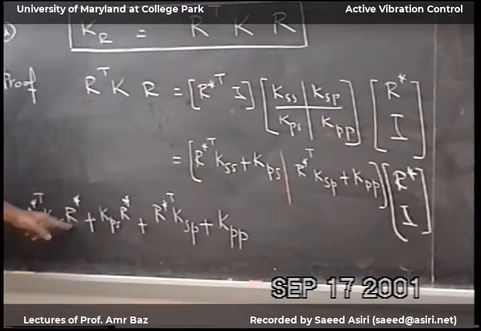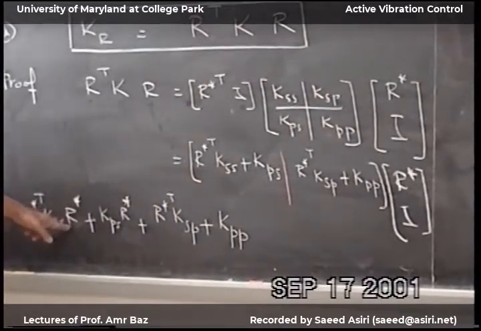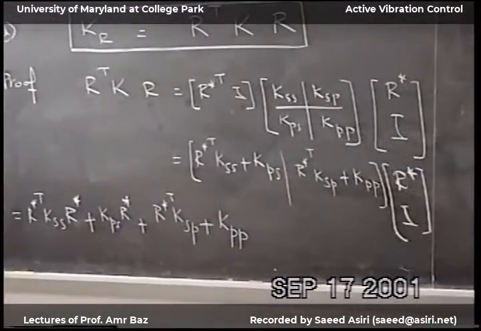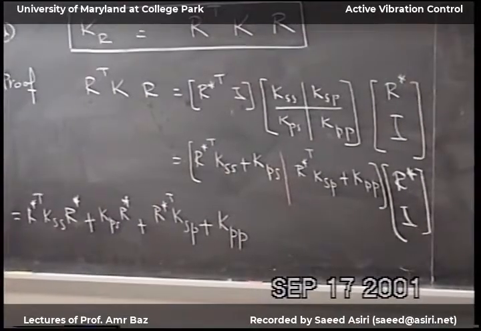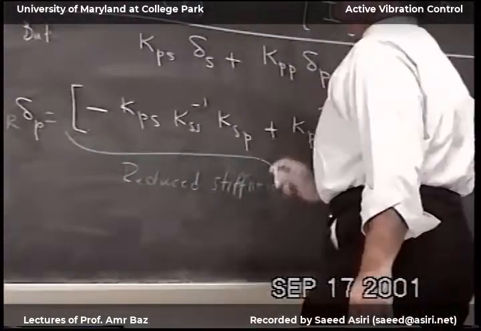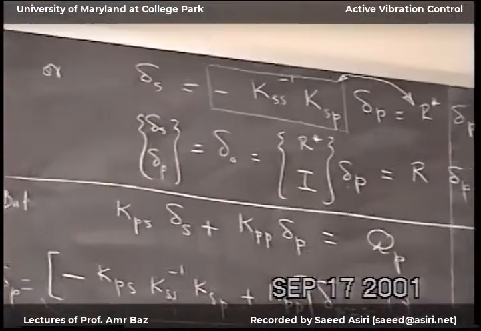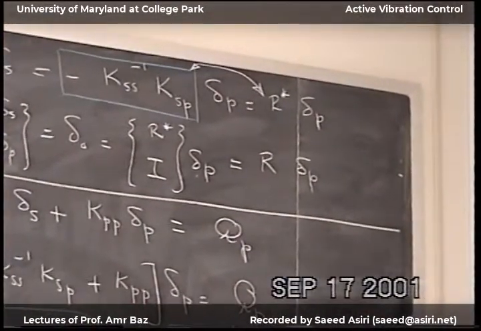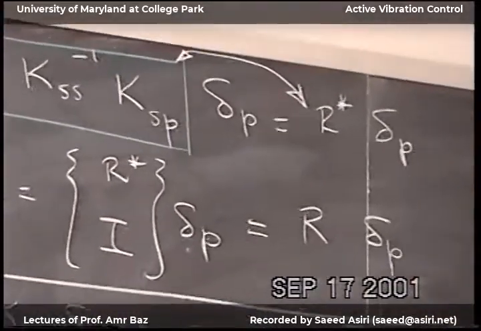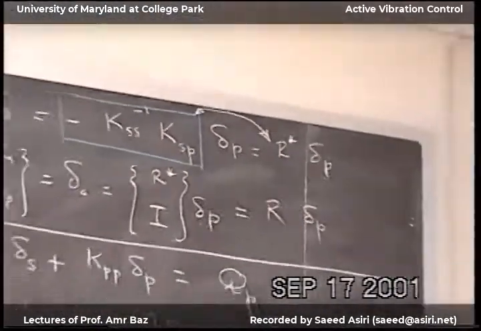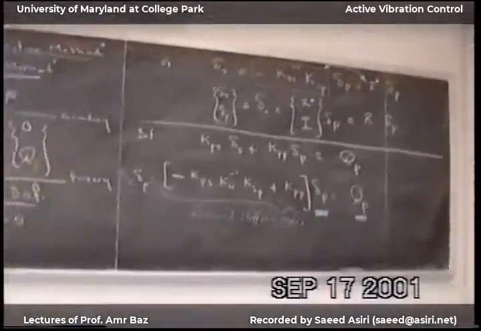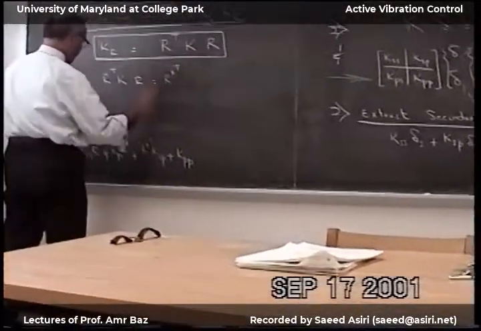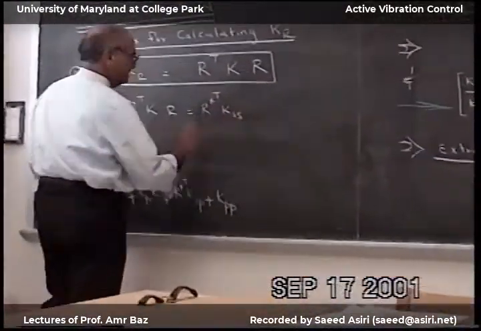I'll come to the first term and replace R asterisk by what we have here. So I'm going to take all this out. And the first term will be R transpose KSS.